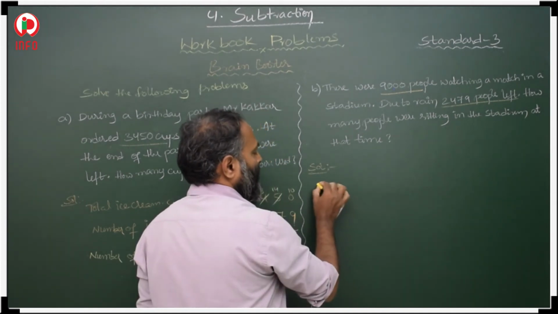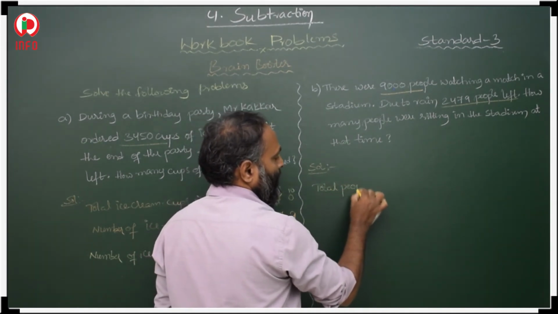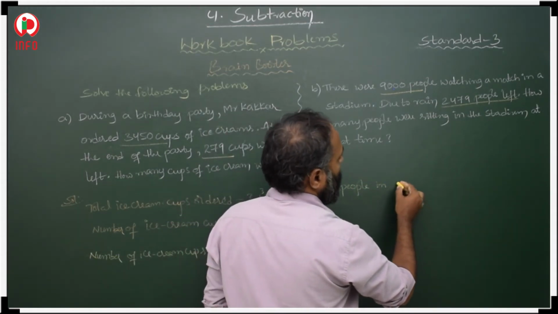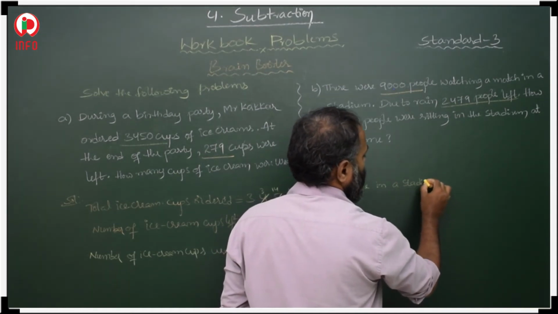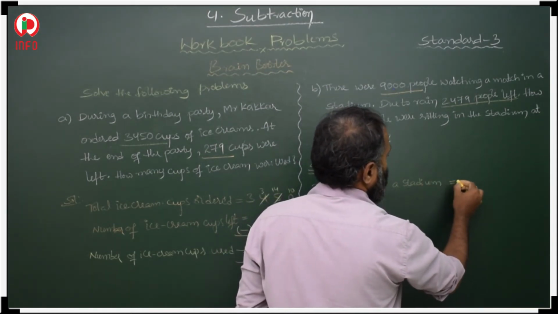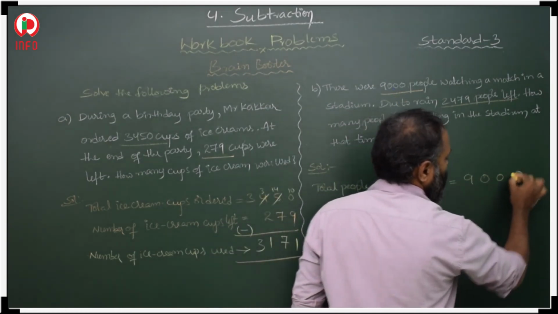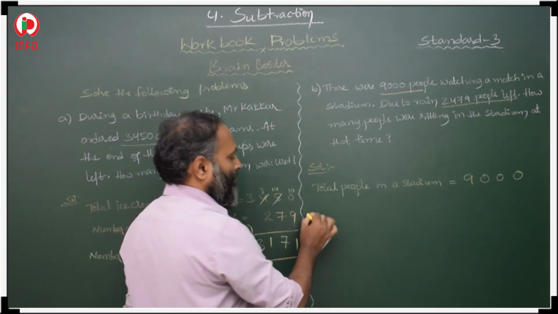Then total people in a stadium. How many people? 9,000 people. Number of people left due to rain.